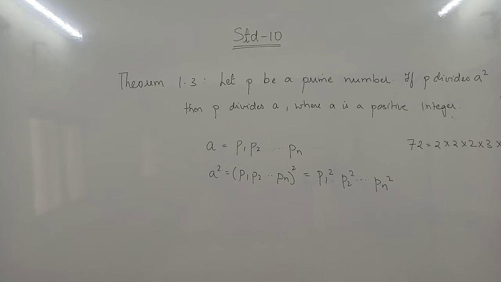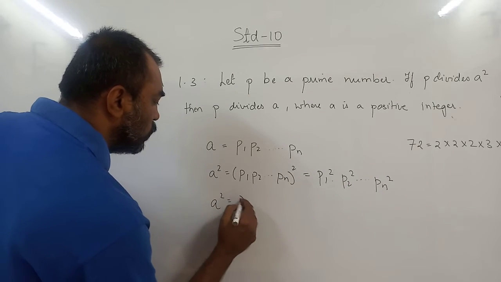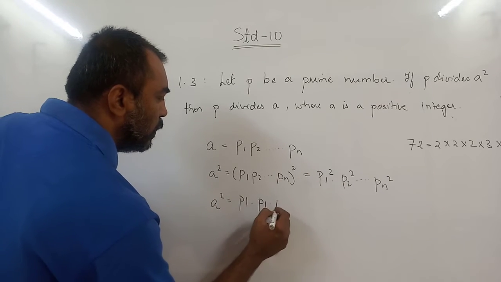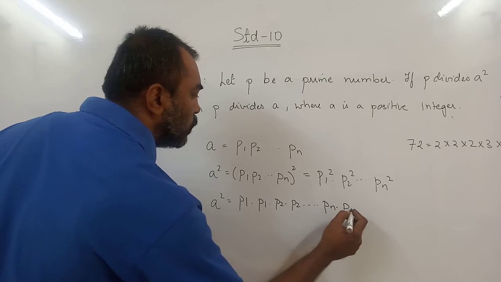But what are the prime factors of A square? I have written this. I could also write A square equal to P1 into P1 into P2 into P2 up to Pn into Pn.